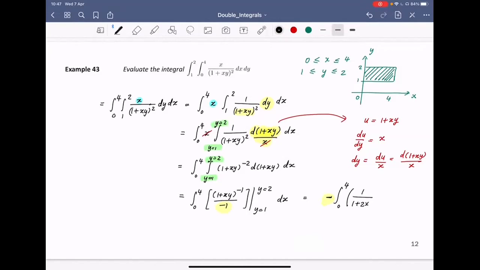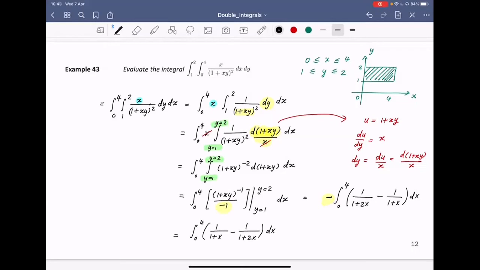And I replace y equal to 1 there, so I get 1 plus x, dx. And then if I want to be more expert, I'm going to add the subtraction inside there. So 0 to 4, 1 over 1 plus x minus 1 over 1 plus 2x, dx. Well, it's come back to single variable calculus already.